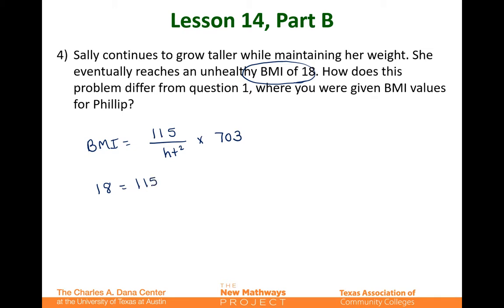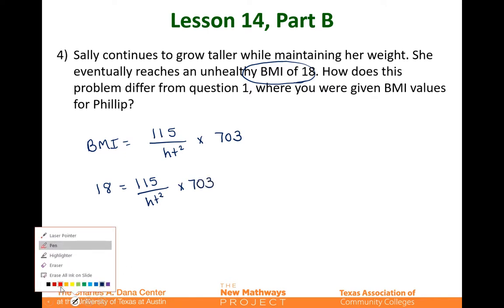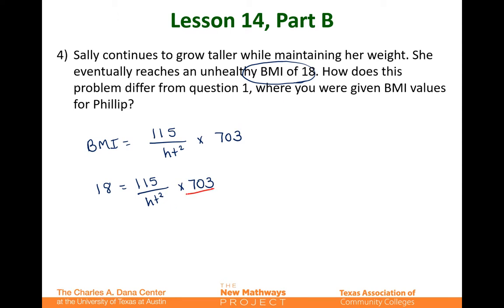This is 115 over height squared times 703. The first thing that I would probably do here is go ahead and divide by 703. This gives us a new formula that looks like this. 18 over 703 equals 115 over her height squared.